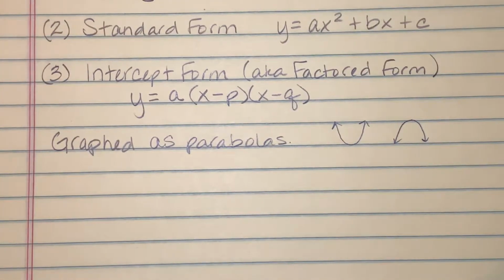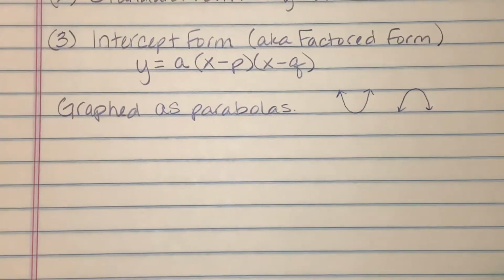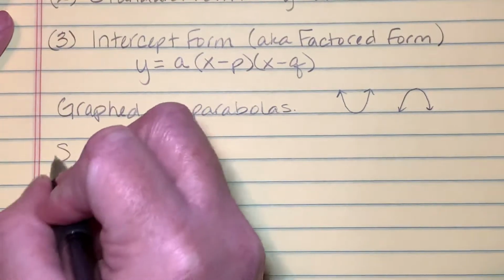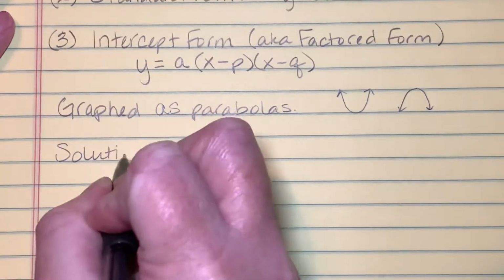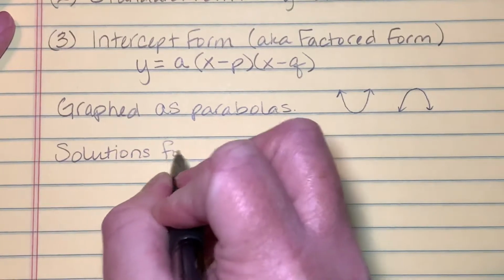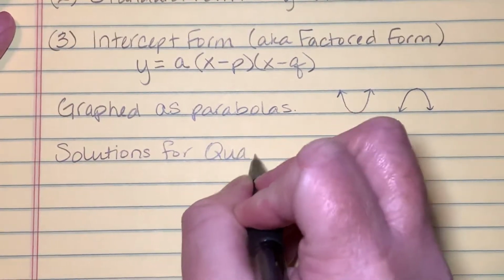And so we're going to look at all the different versions of that. But as we solve quadratics, which is going to be in each section as we talk about each one, we're going to talk about, well, how do we solve each of these? So the solutions for quadratics are these basically.